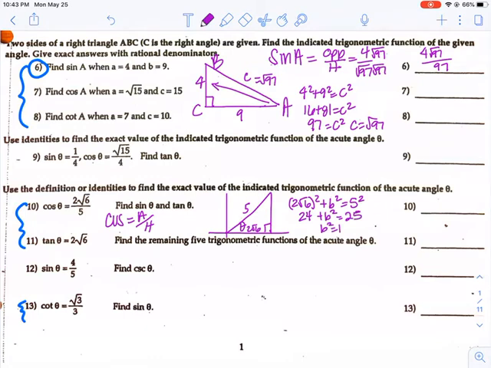So b squared is 1, which means this third side here is 1. Then if I want to find the sine of theta, sine is opposite over hypotenuse, so my sine would be 1/5. And then the tangent is opposite over adjacent. My opposite side is the 1, adjacent side is 2 rad 6. So 1 over 2 rad 6, and you want to rationalize that as well. So rad 6 over 12.